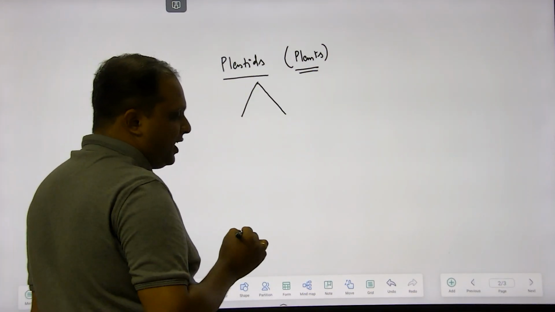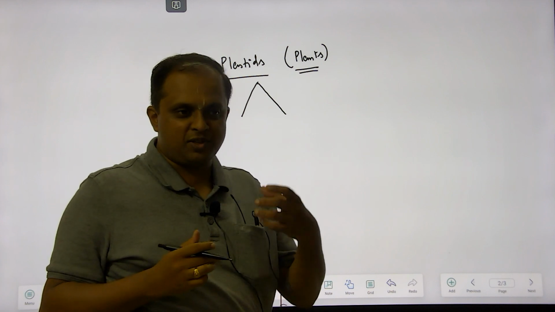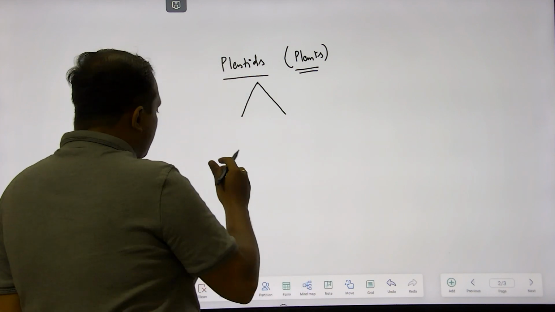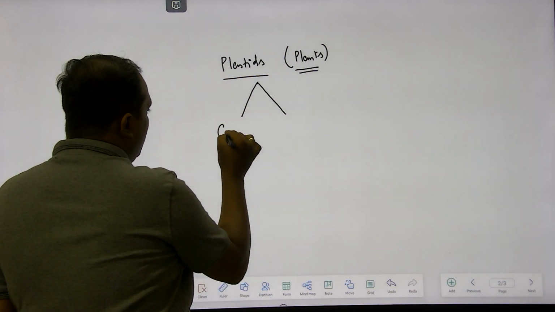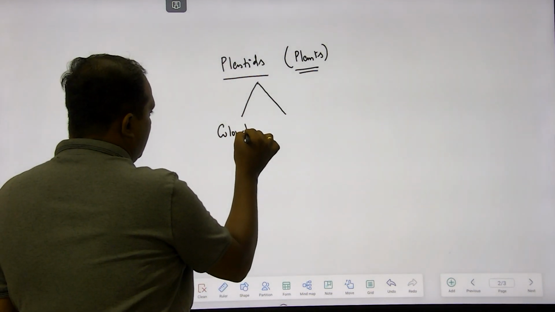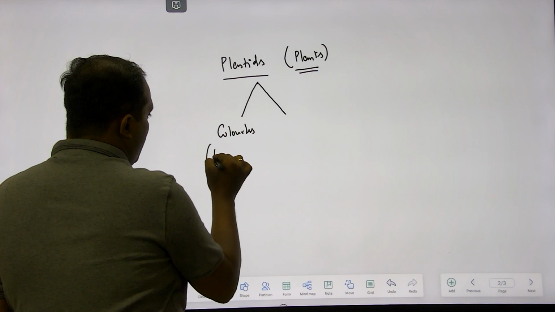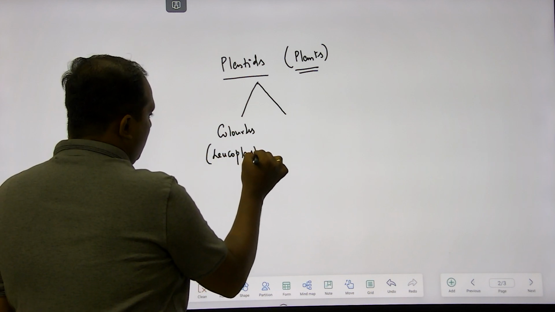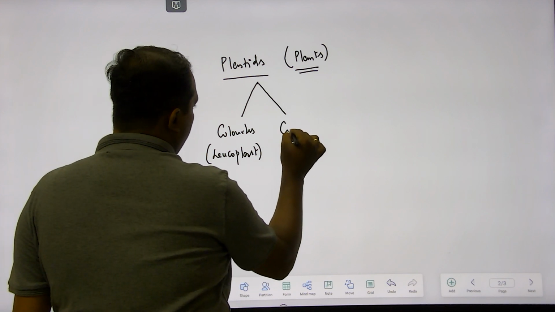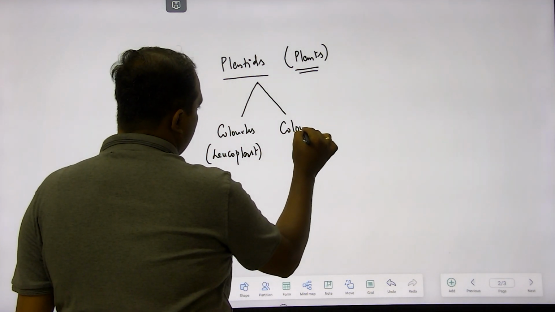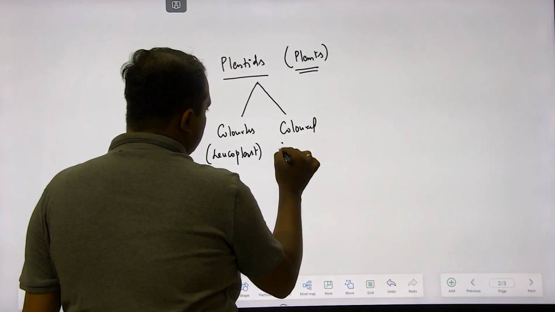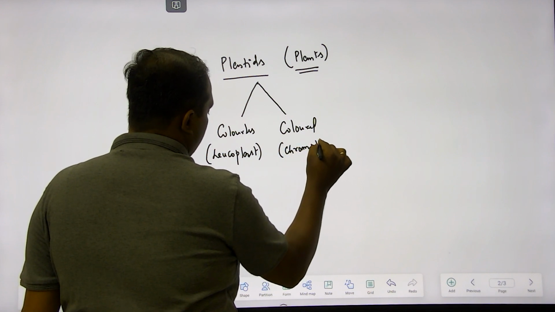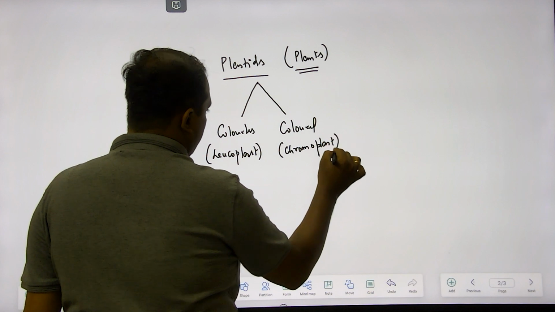If the substances are colorless, then the plastids are called leucoplast. If the substances are colored, then the plastids are called chromoplast. Hope you get this point.